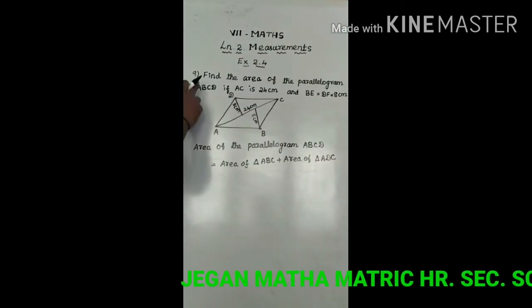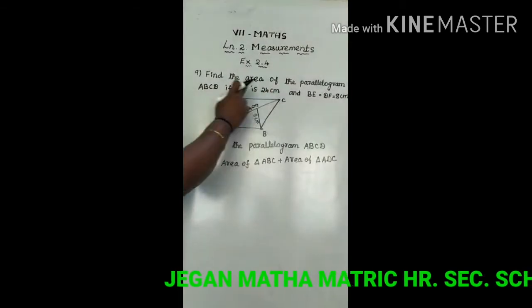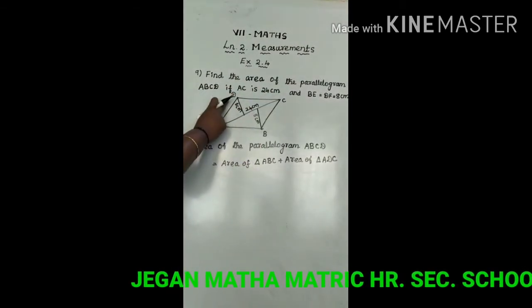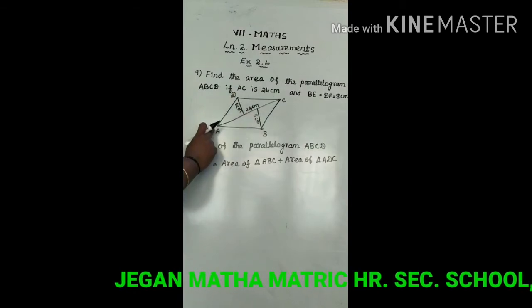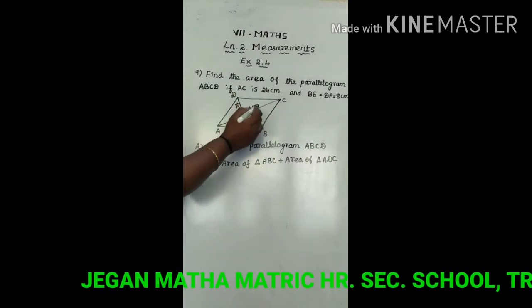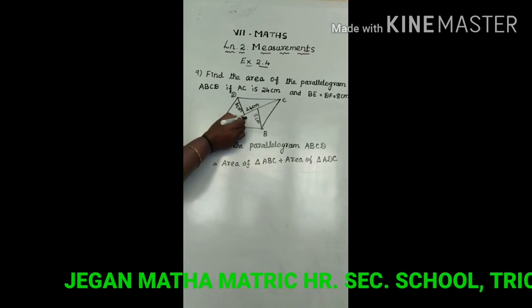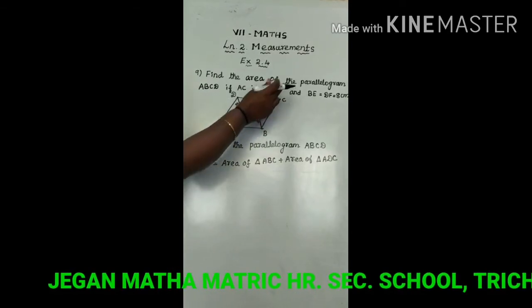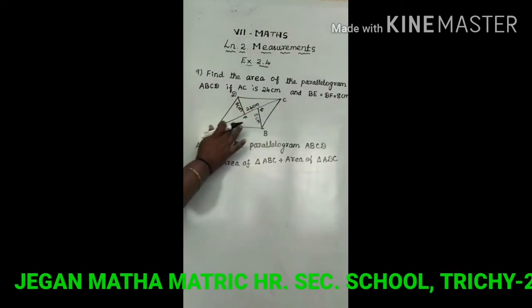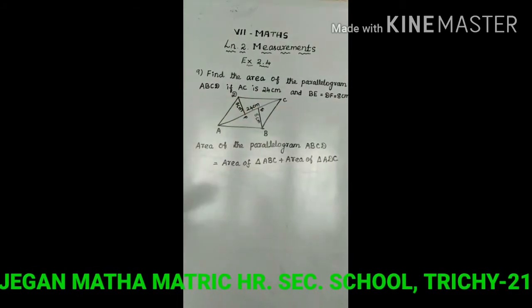In the 9th sum, find the area of the parallelogram ABCD. Here ABCD is a parallelogram. Then AC is given as 24 centimeter. Then BE and DF are given as 8 centimeter. So in a parallelogram, we split it into two triangles.